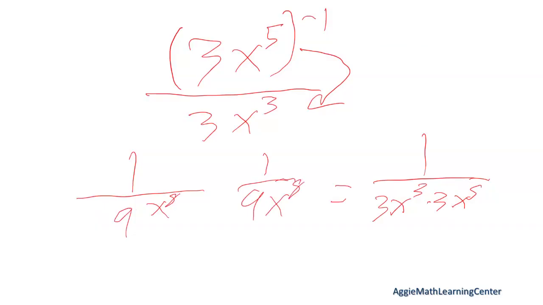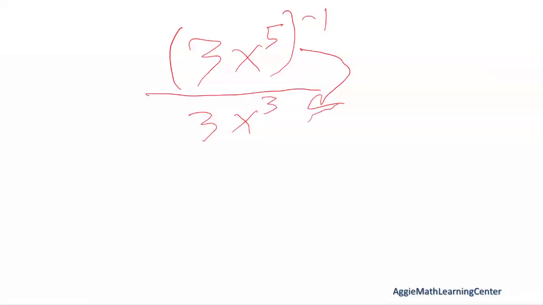Make sense? What if the exponent's a negative? So let's say it's 3x to the negative 5, all to the negative 1, to the positive 1. So you're saying, what if it would be negative 5 to the positive 1, just like that?